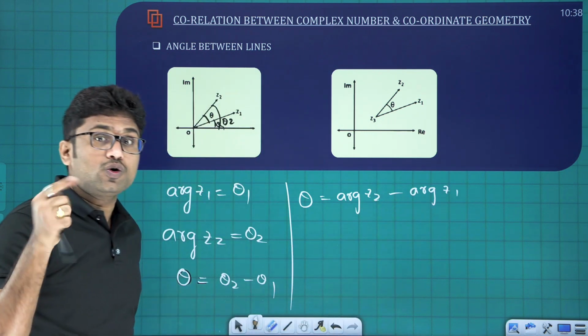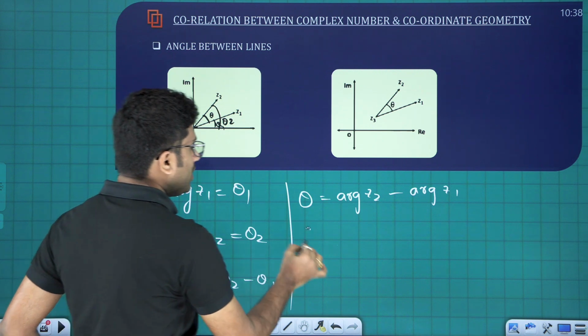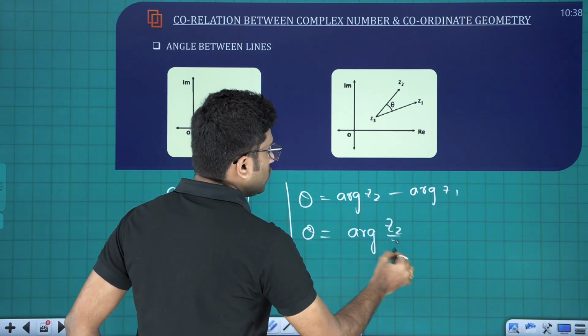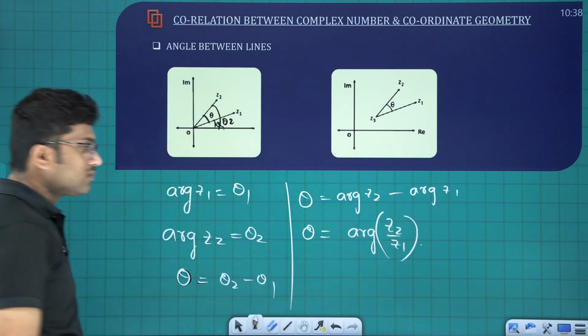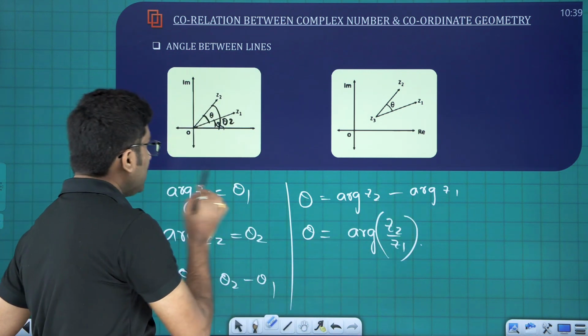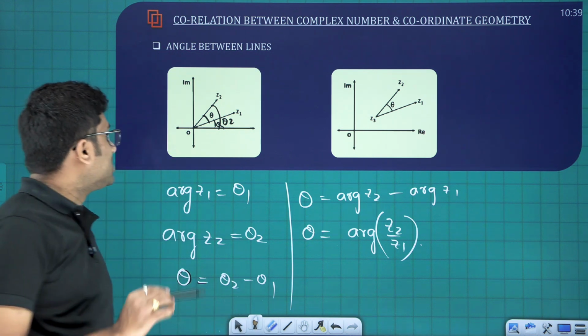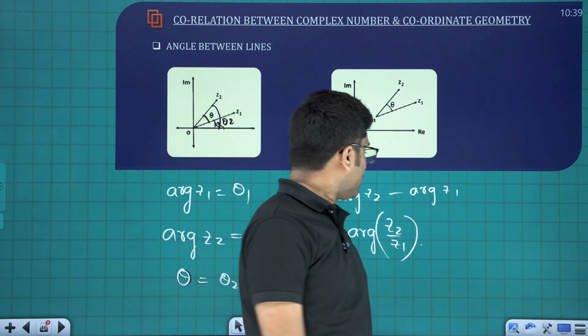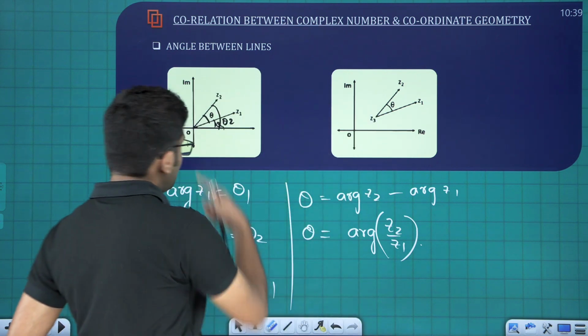We already know the properties of argument. Argument of Z2 minus argument of Z1, that is argument of Z2 by Z1. So if theta is the angle between Z1 and Z2, then theta will be equal to argument of Z2 by Z1 with respect to origin.